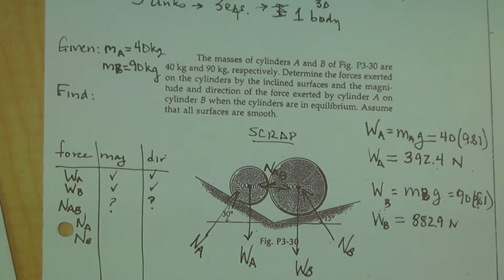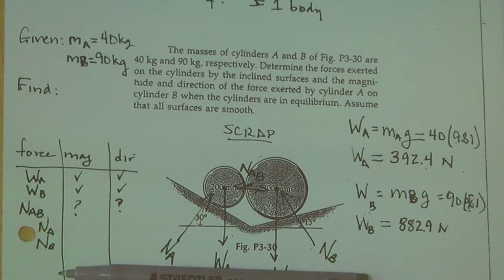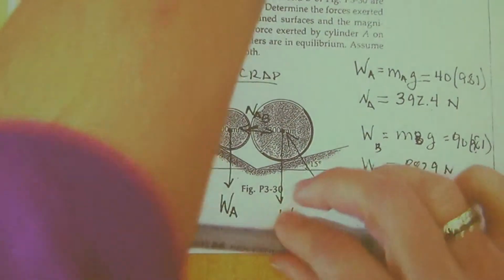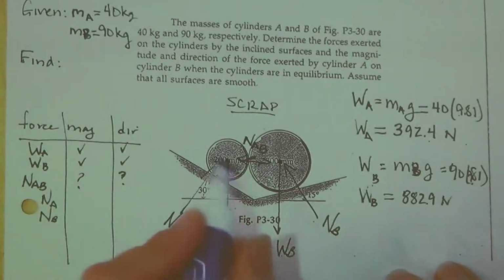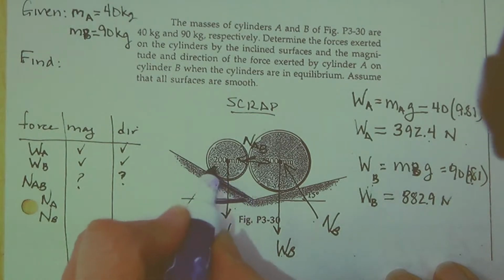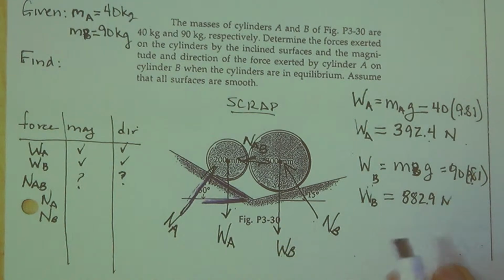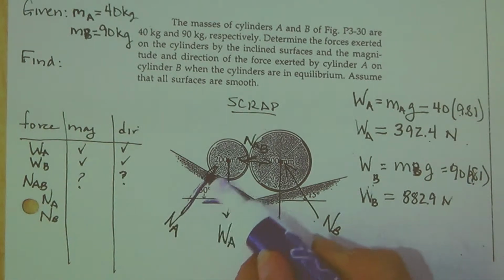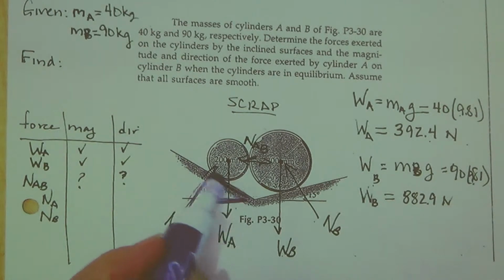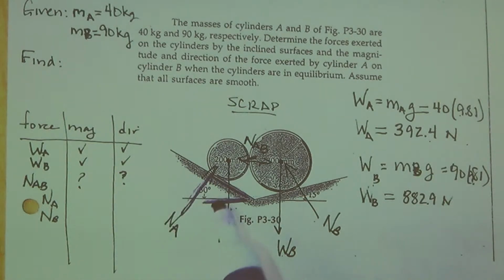Remember the trick? Two lines, the angle between this and this is 30 degrees, right? So the angle between the force and which axis is 30? Negative. So this force is perpendicular to the inclined plane. What line is perpendicular to the horizontal?